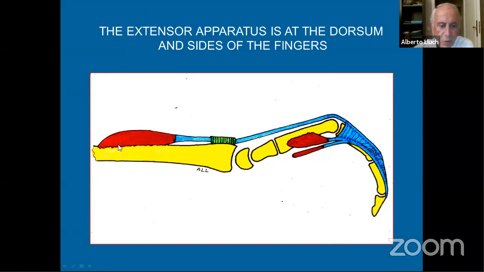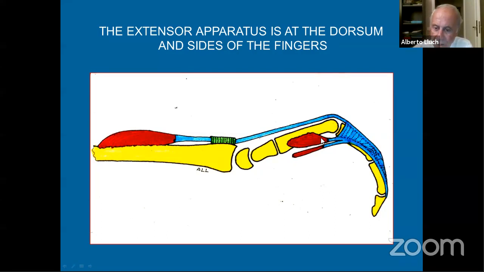So, as we said before, the extensor tendons are only here, from here to here. And then at the back of the finger and the side of the finger, we have the extensor apparatus, which is what we will try to look at in more detail from now on. In this drawing that I made, I showed the MP joint, but to be more accurate, this should be right here, because the sagittal band goes from the extensor tendon to the volar plate of the MP joint.